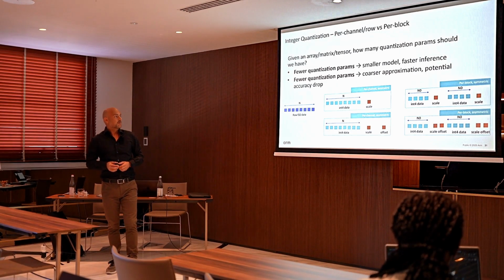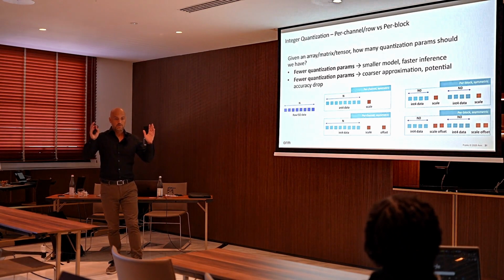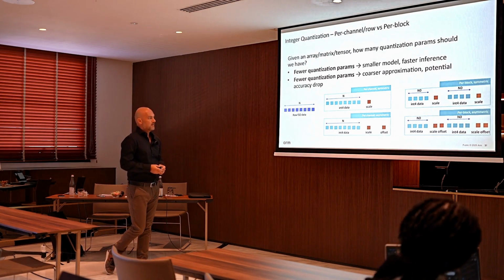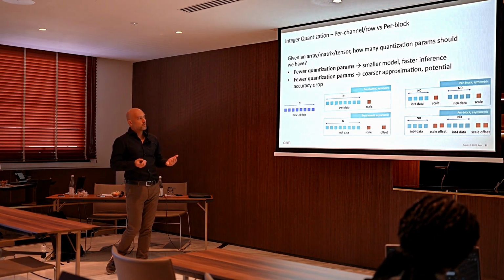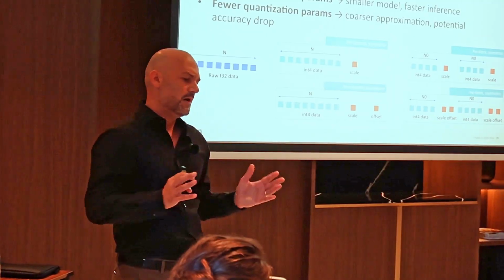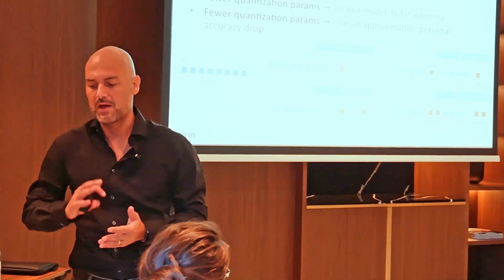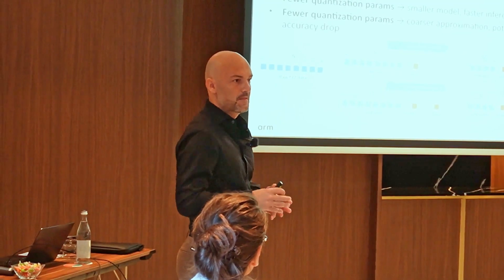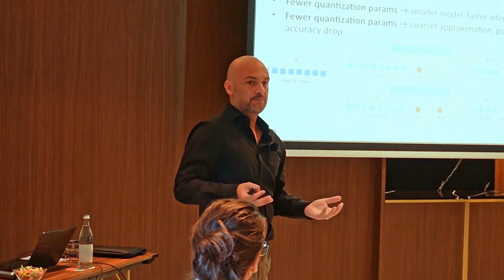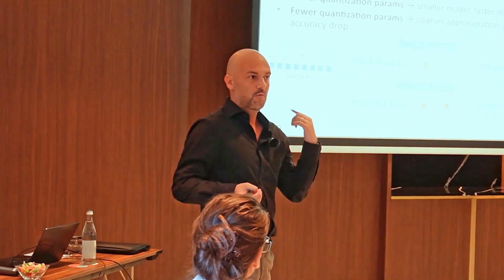Per channel, you have your array, and one way is I want to reduce my offset and scale. I want to have the minimum number of offset and scale parameters, okay, to save memory at the cost of what?